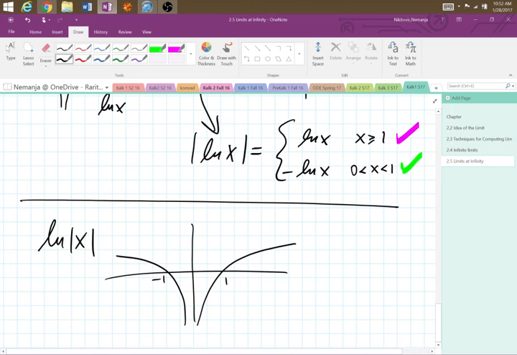That's what it is. Because absolute value now allows for negative numbers as well. Cool?